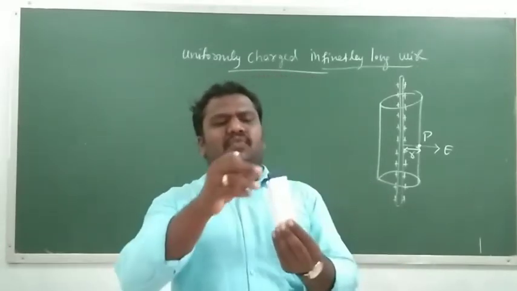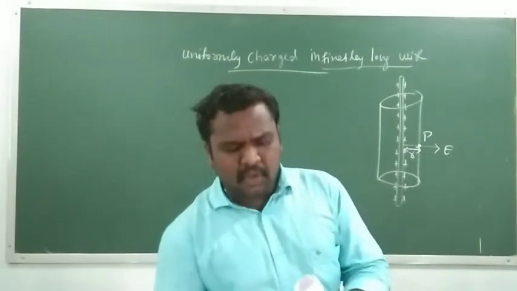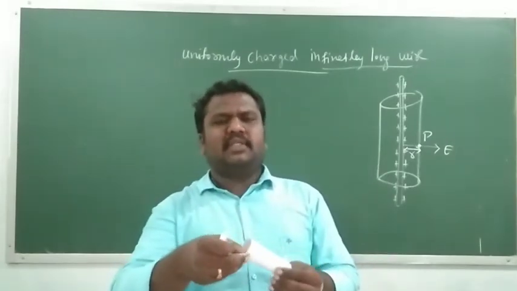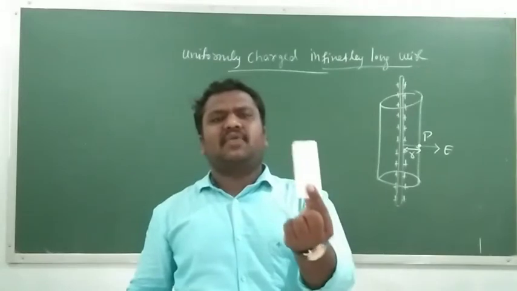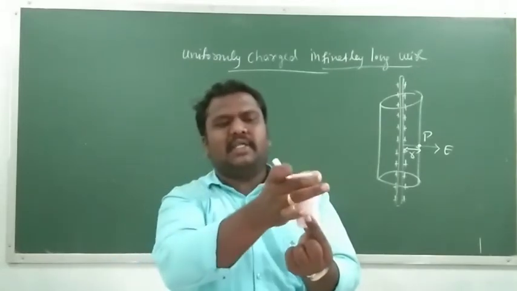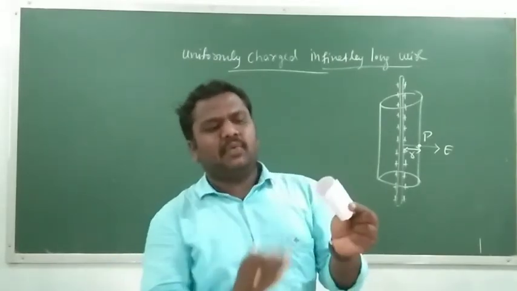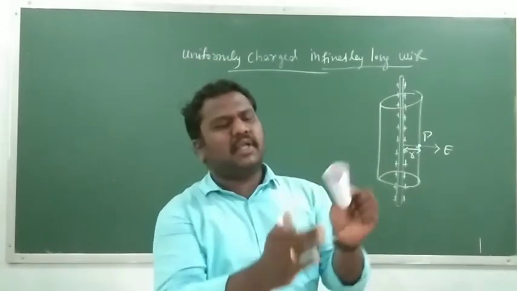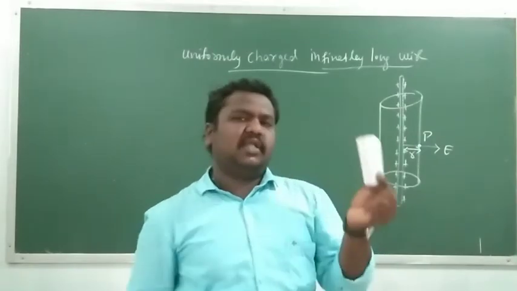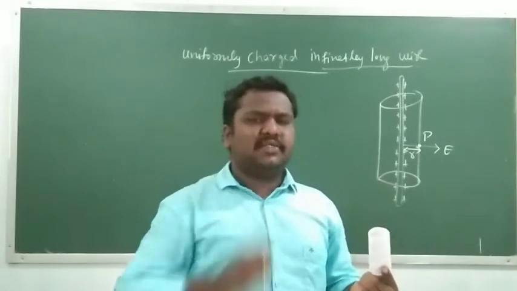So here for this cylinder, we are going to have three surface areas. One is the cylindrical surface area, the other one is the upper surface area, and the lower surface area. So here totally we have three regions.